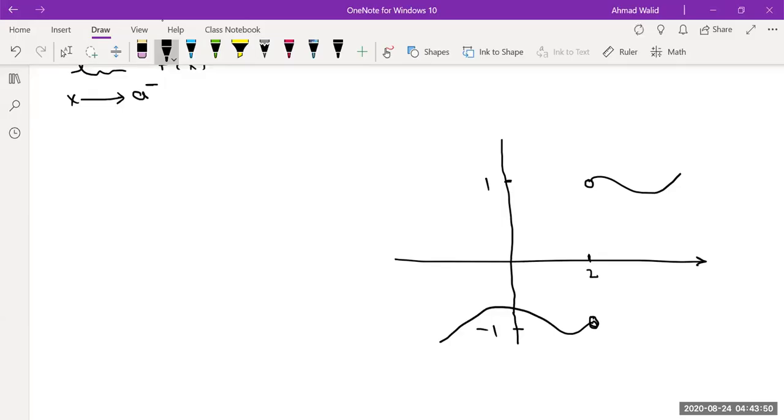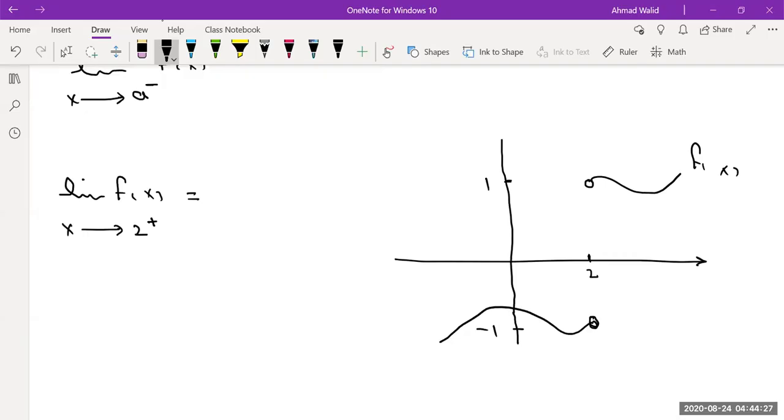Now, if someone asks you, find the limit of f of x as x approaching 2 from the right side, how will you answer this question? It's a one-sided limit, right? Find the limit of f of x. F of x means this function, this graph. This graph is your f of x, both of them. It's looking like a piecewise defined function, correct?